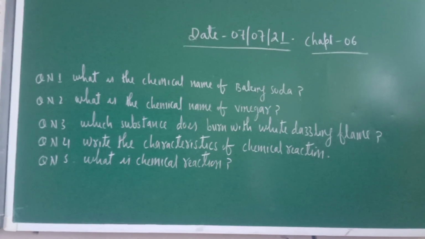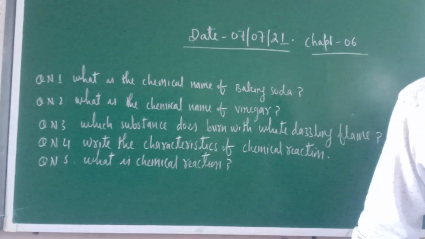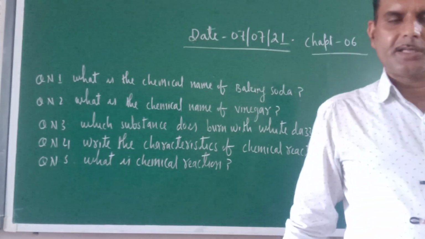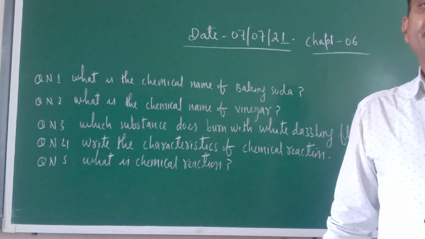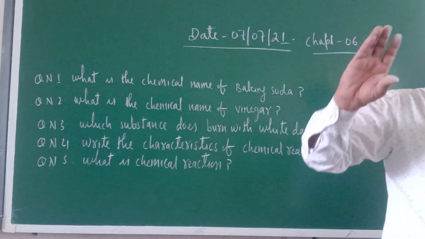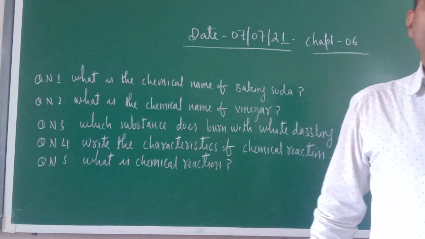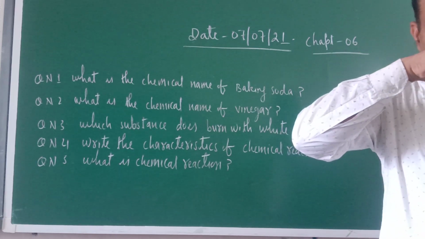So okay dear cadets, I hope that you understood that activity also. What was that activity? In the bottle, what was taken? Vinegar, acetic acid. The chemical name of vinegar is acetic acid. And in the balloon, what was taken? Baking soda. Chemically, baking soda is sodium hydrogen carbonate.